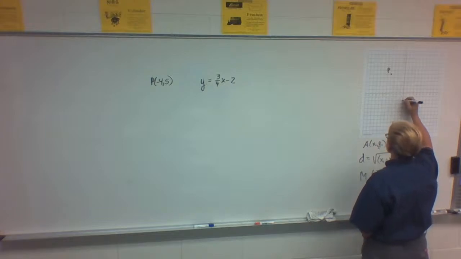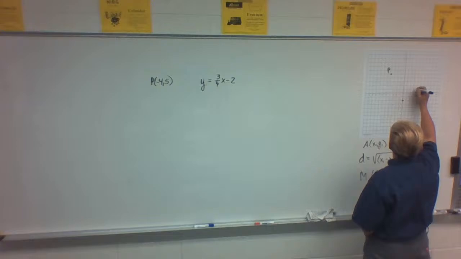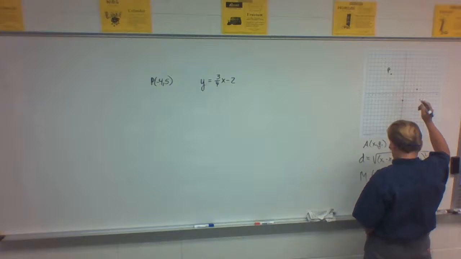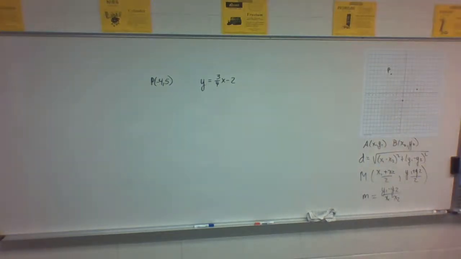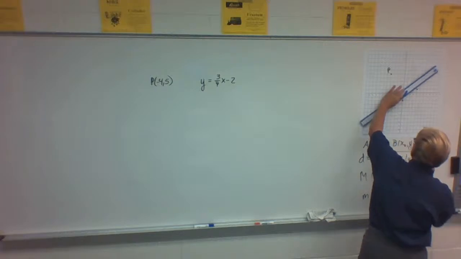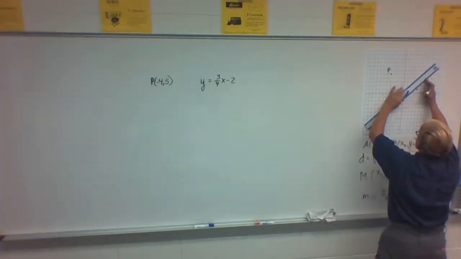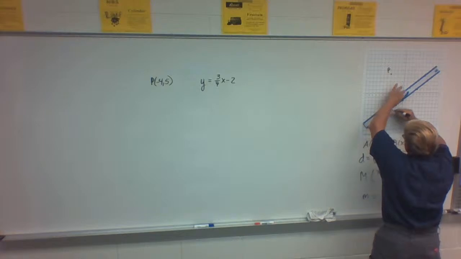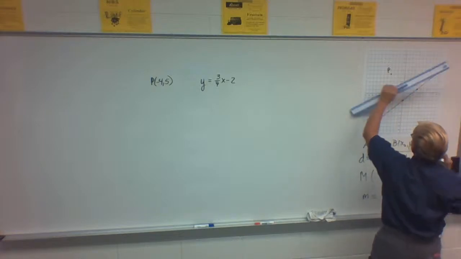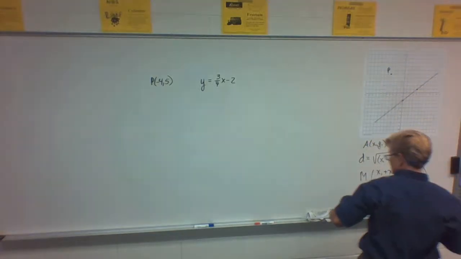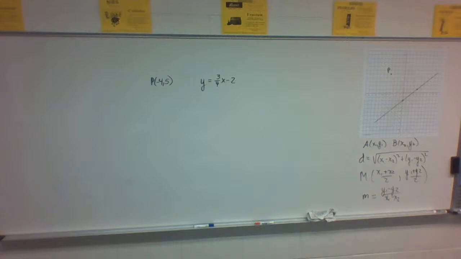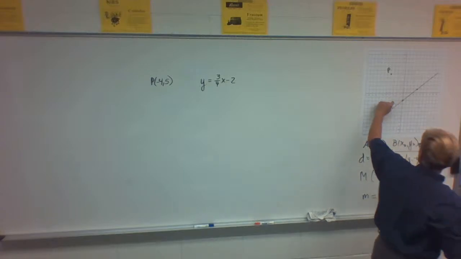It starts at -2, and you rise 3 and run 4. Okay, so here's our line. That's our point. And I want to find out how far it is, measured in these units.